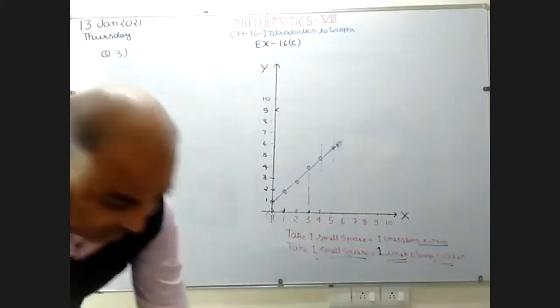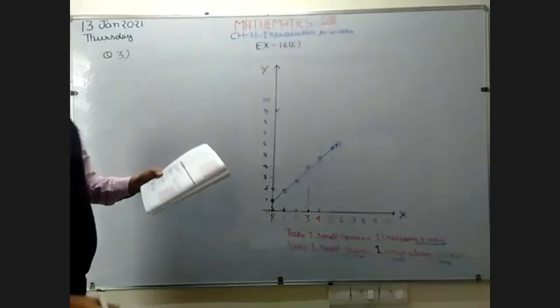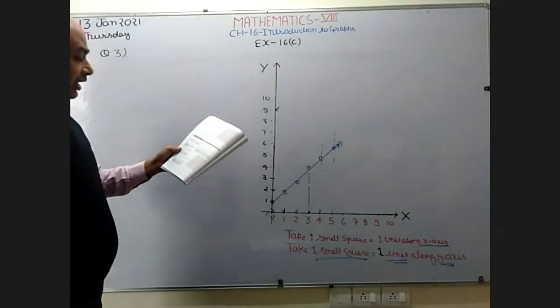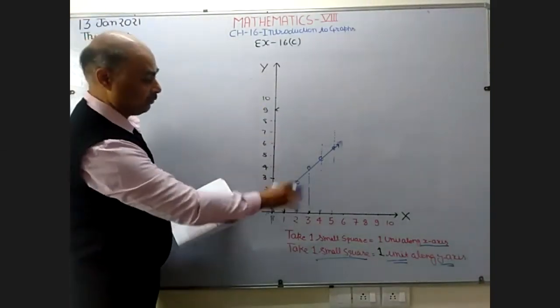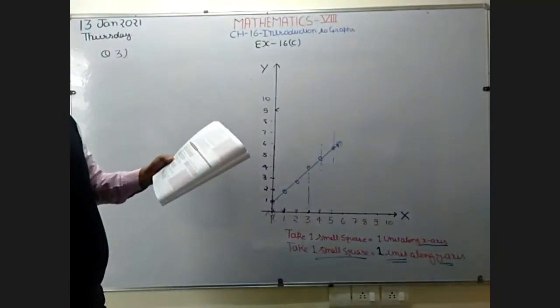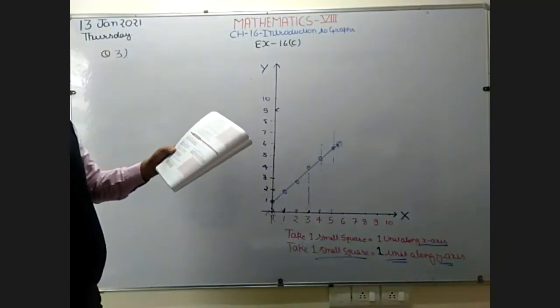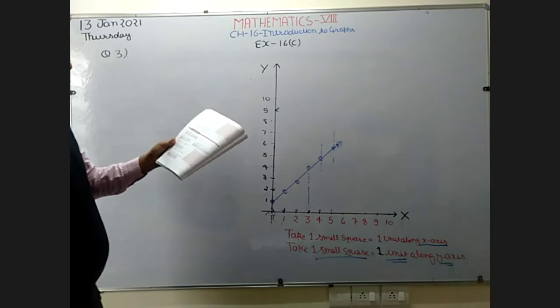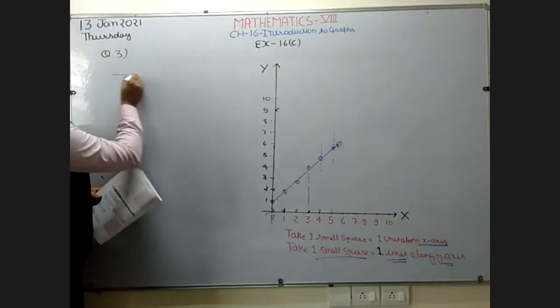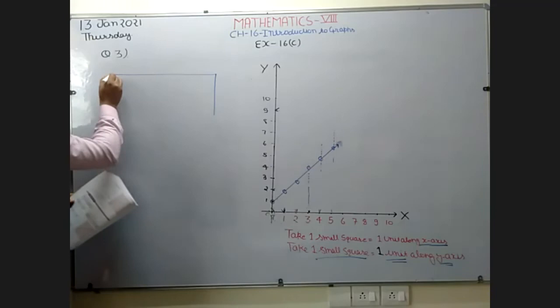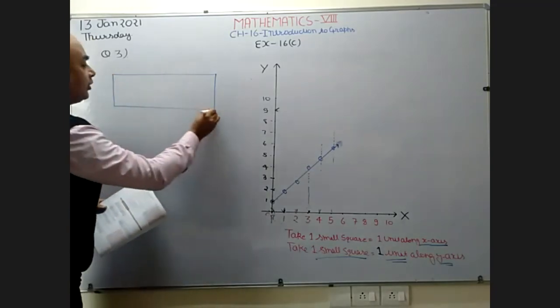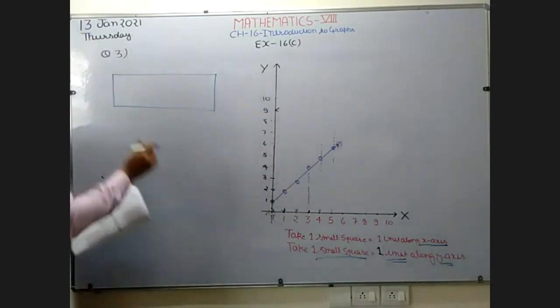Now see what is given in the question. I want to read the statement of this question. Observe the graph. You have to observe the graph of this question and complete the table of values, and write down the relationship between x and y. Now one table is also given. We are going to complete this table with the help of this graph.